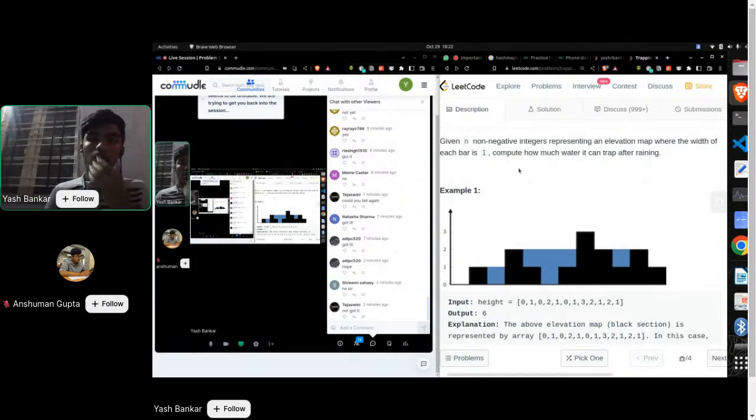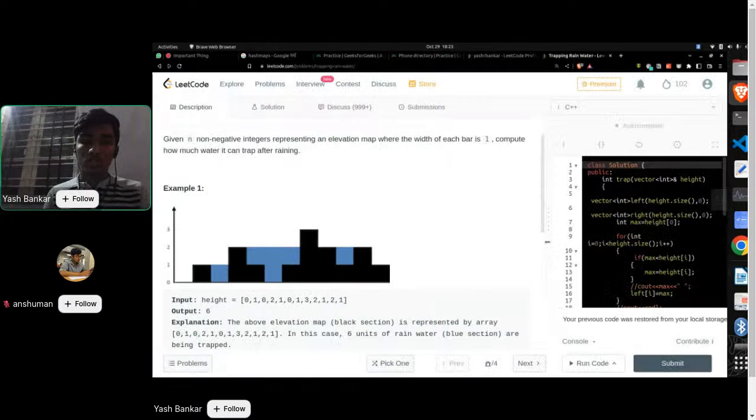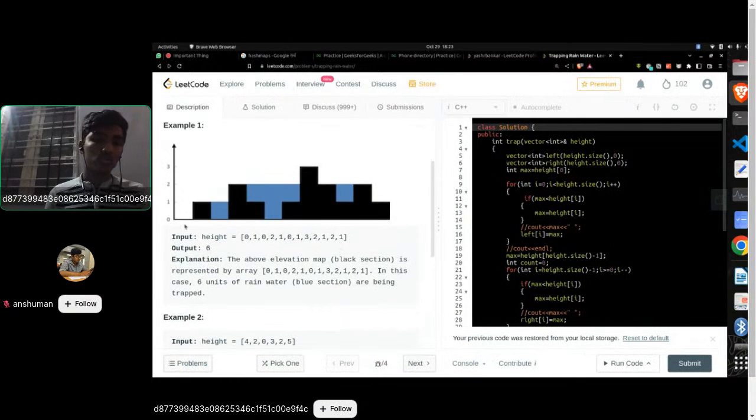Because this is a hard-level problem, it is also solved by a technique, prefix sum, which I'm telling you solves medium to hard level problems. It can be easily solved using the technique called prefix sum. To find the trapped water, you need the maximum height of this bar as well as this bar.